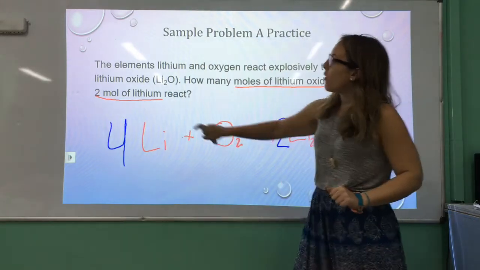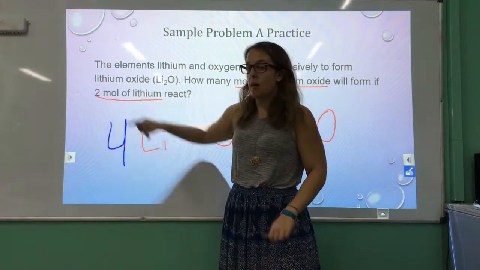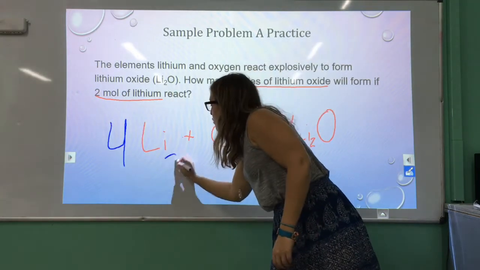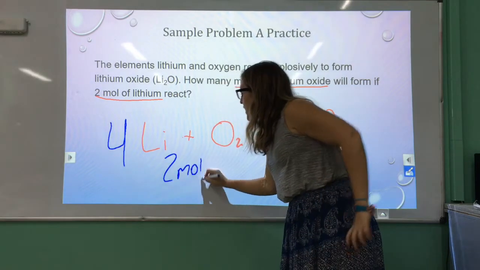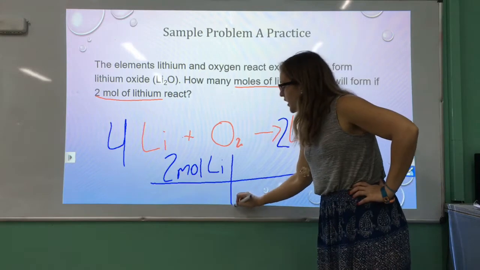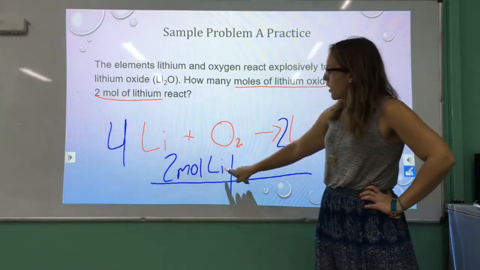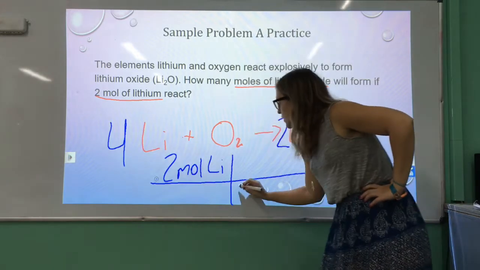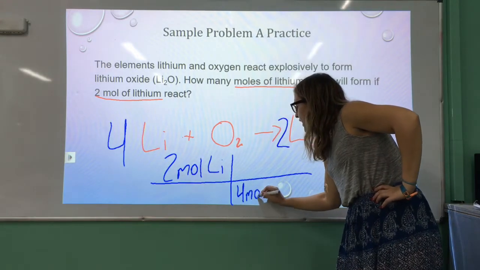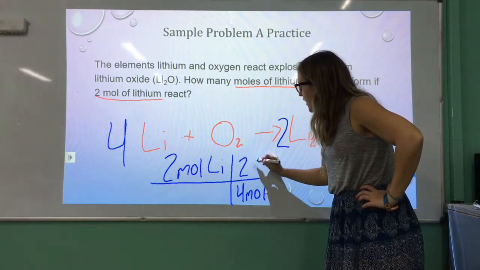So now, our known is 2 moles of lithium. So if we have 2 moles of lithium, we plug in the mole-to-mole ratio. For every 4 moles of lithium, we get 2 moles of lithium oxide.